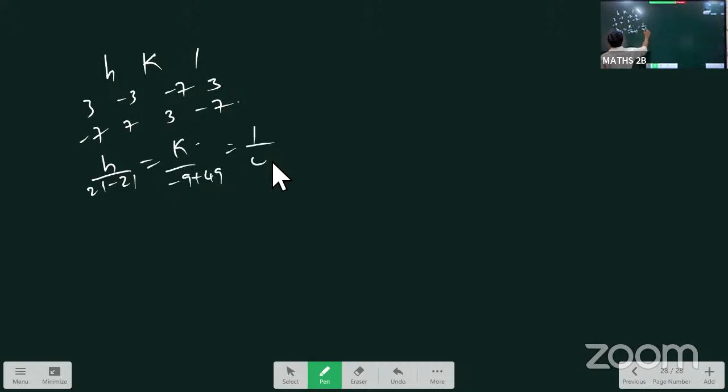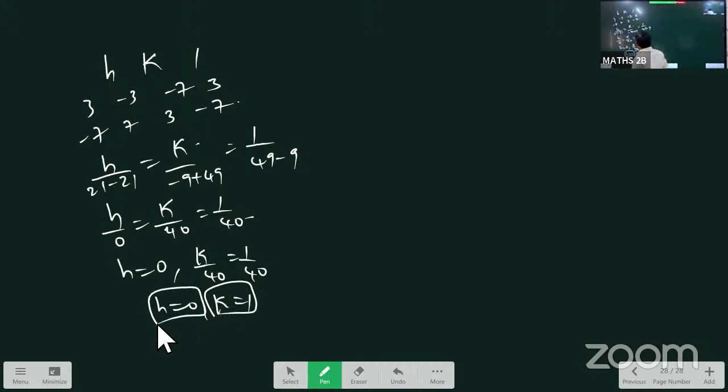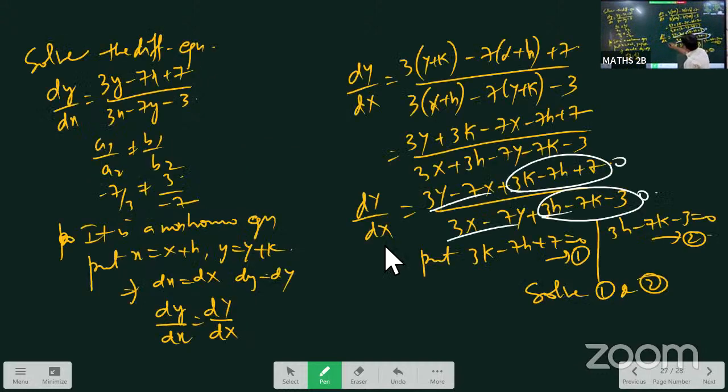This is 1 by (49 minus 9). So h by 0 equal to k by 40 equal to 1 by 40. So luckily you are getting h equal to 0, k by 40 equal to 1 by 40. So h equals 0 and k equals 1. Okay. Therefore, since I made these two zeros, here I said, so what is this dy by dx?